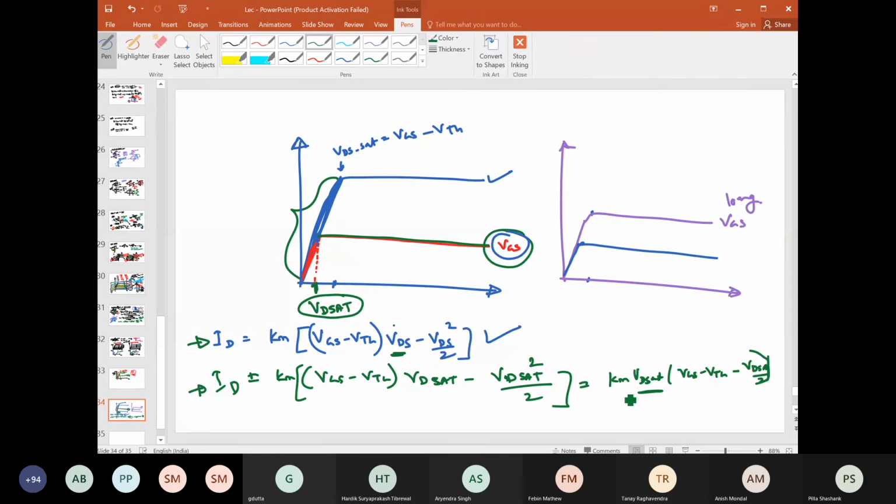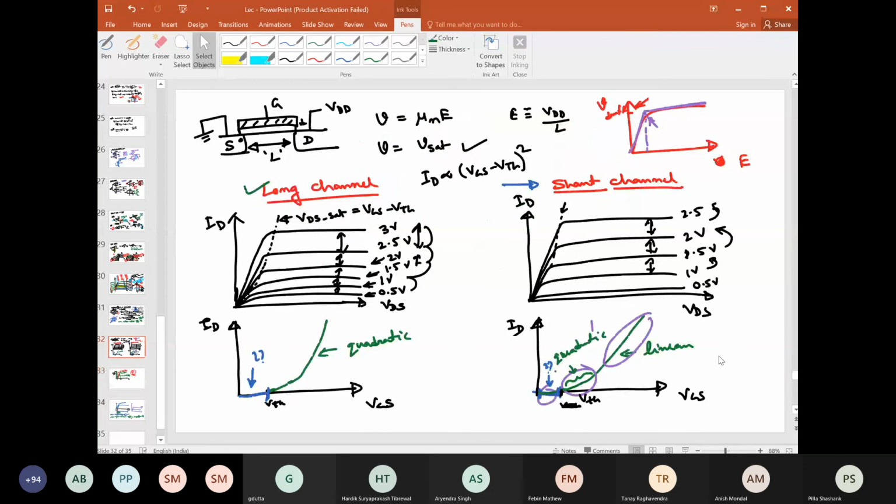From this equation, you can clearly see that ID is proportional to VGS only, not VGS squared. That is why for the short channel case, we have seen the current increasing linearly with equal changes in VGS, whereas for long channel MOSFETs, there is a quadratic relation between ID and VGS.